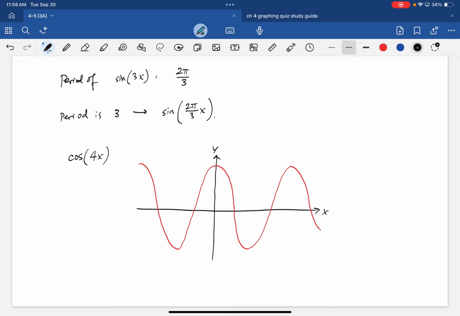My first step is going to be calculating the period. So I know that the period T has to be 2 pi over b, which is 2 pi over 4, which is pi over 2. So the distance between my peaks should be pi over 2, so this tick mark should be pi over 2.